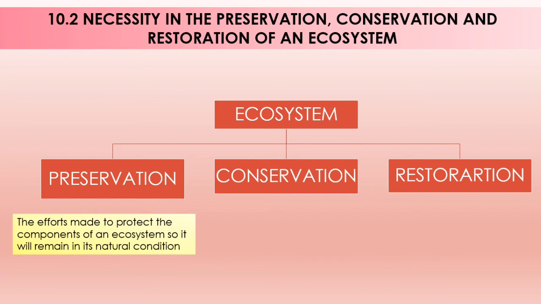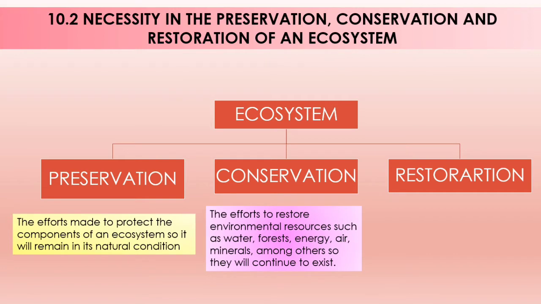Okay, satu langkah di mana mengekalkan komponen yang ada dalam ekosistem tu supaya dia kekal dalam keadaan yang semula jadi. Conservation is the effort to restore environmental resources such as water, forest, energy, air, mineral, among others, so they will continue to exist.